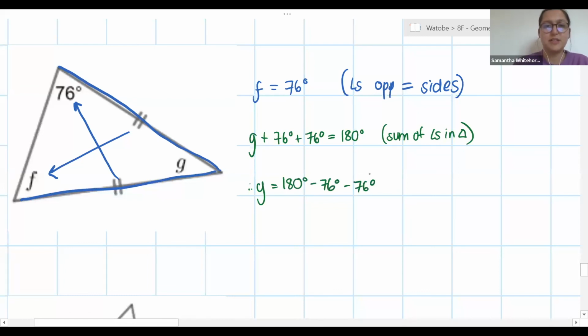Good. And then you say G is equal to 28. Fantastic. Well done. Alrighty, well guys, yes, G is 28. We use sum of angles in a triangle. We know that F was 76 because of angles opposite equal sides. And that's that. Well done, guys. Nice, guys. You guys did really, really well.